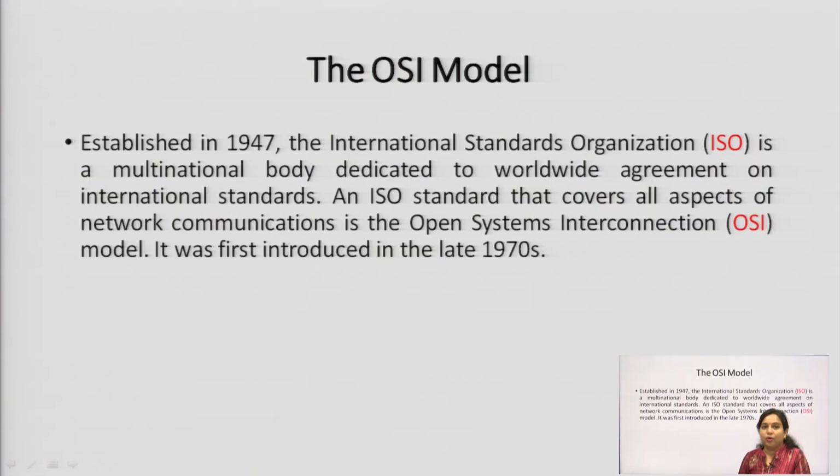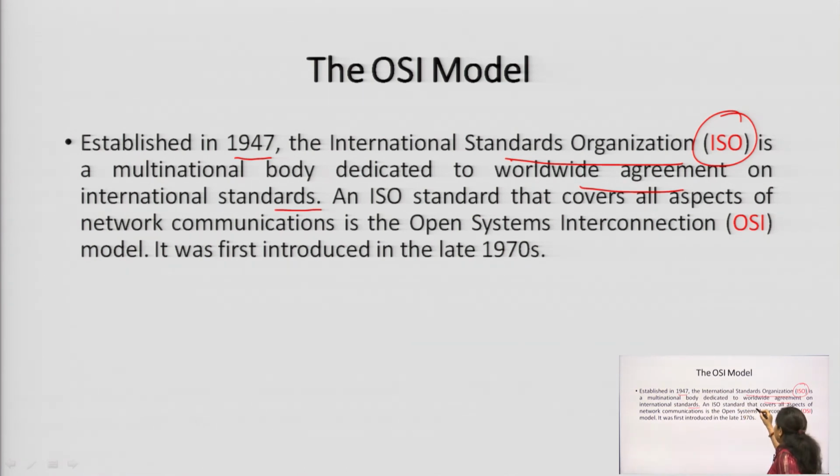Now, next is the OSI model. What is the OSI model? It was established in 1947. The International Standard Organization, that is ISO, is a multinational body dedicated to worldwide agreement on international standards. You all know about ISO certified, meaning an organization that has the capability to provide an agreement on international standards.